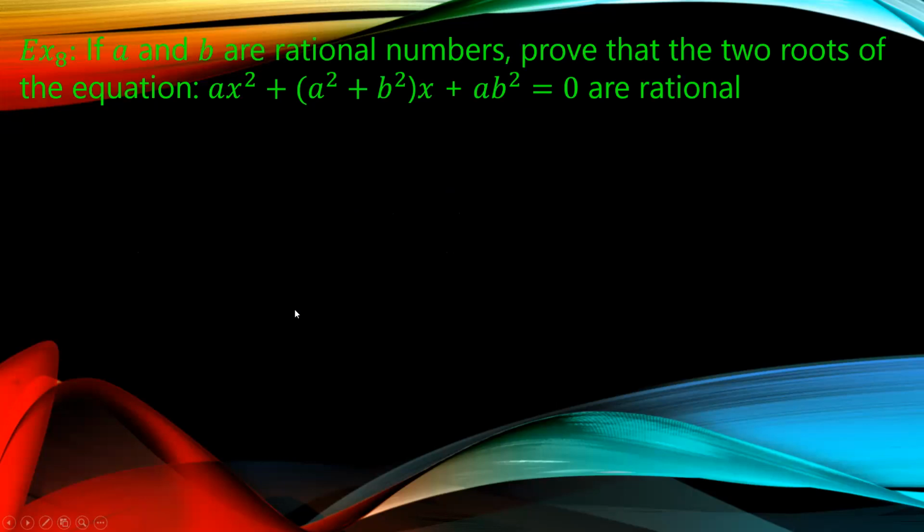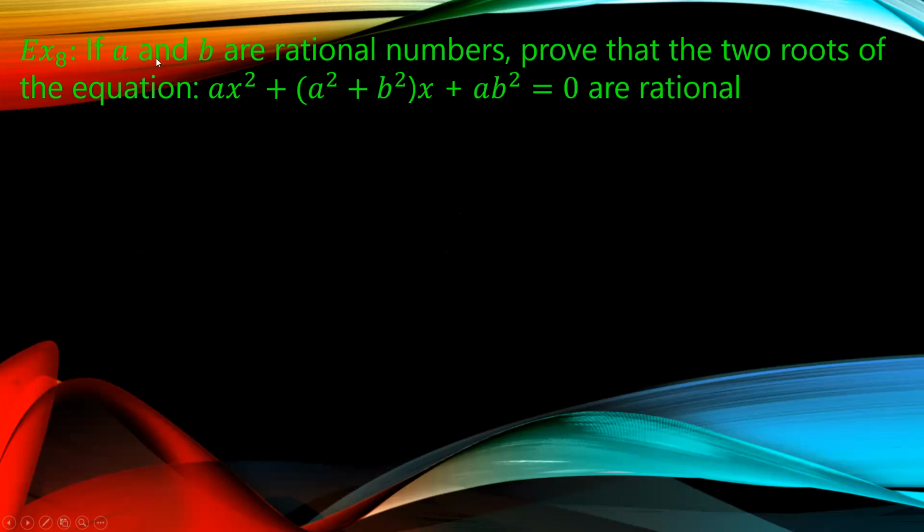For example, if a and b are rational numbers, prove that the two roots of the equation are rational. You should prove that a, b, and c are rational and also that the discriminant is a perfect square.